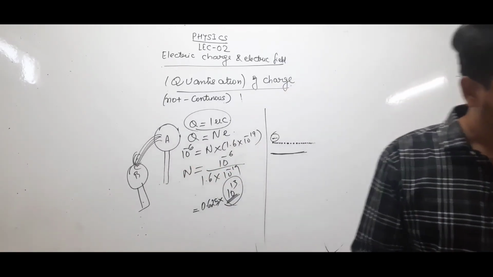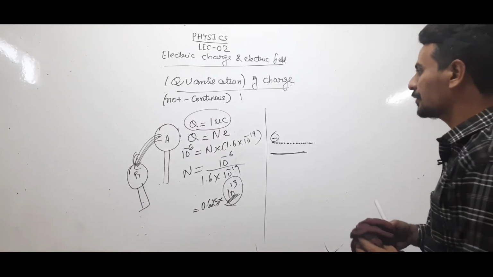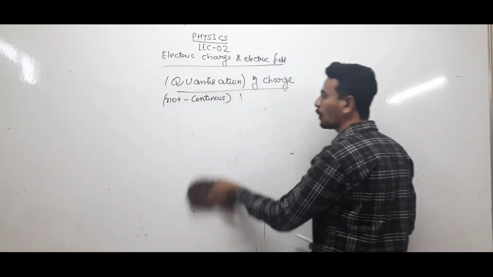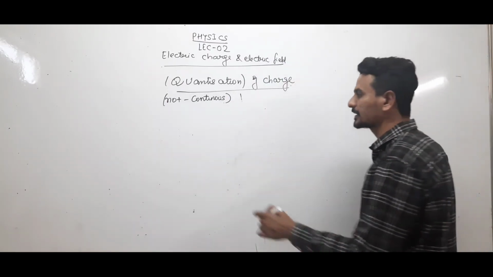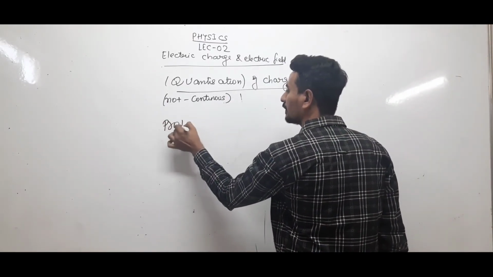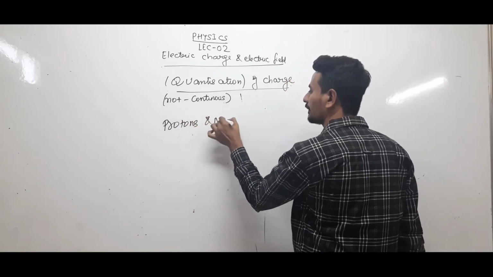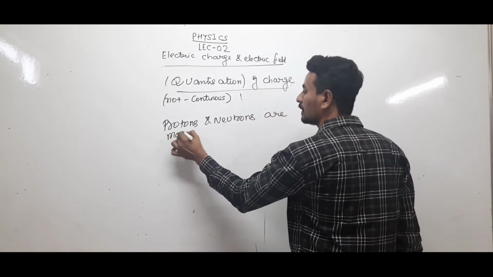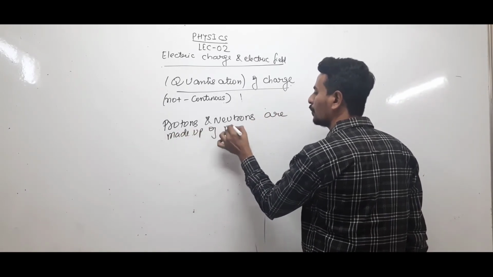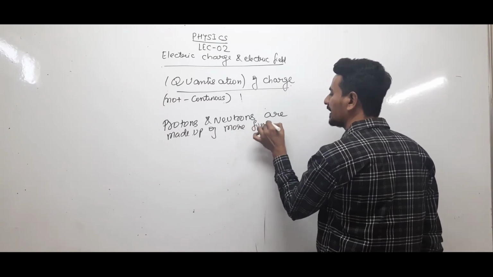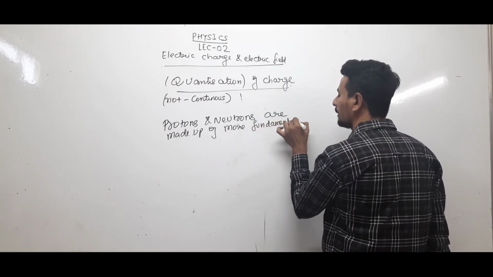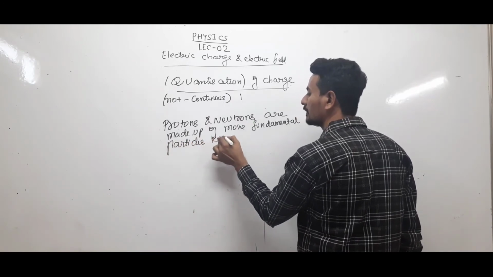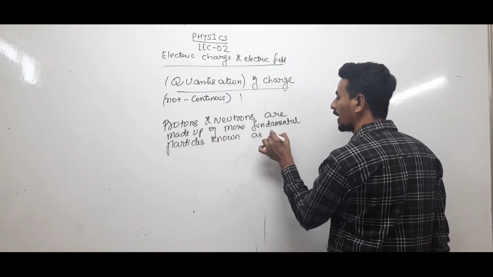Right? Now, protons and neutrons are made up of more fundamental particles known as quarks.